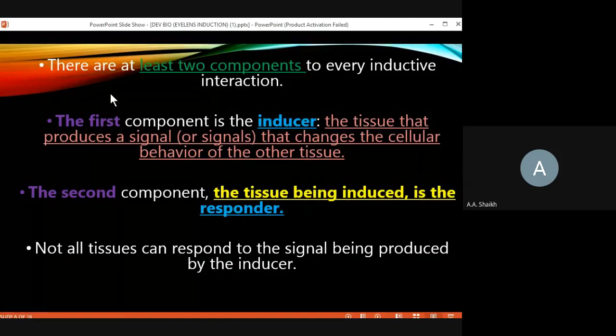So the responder is nothing but the tissue which accepts the signals released from the inducer.